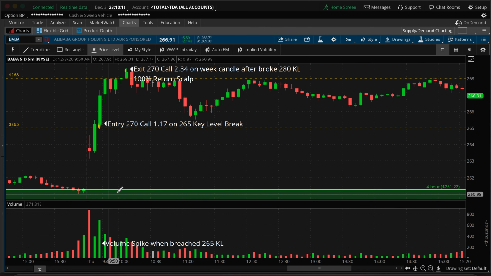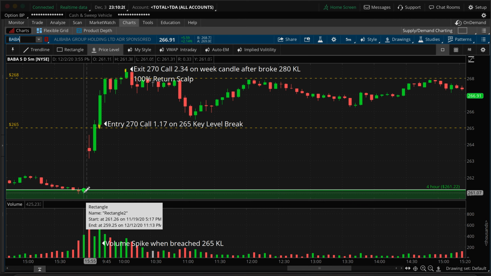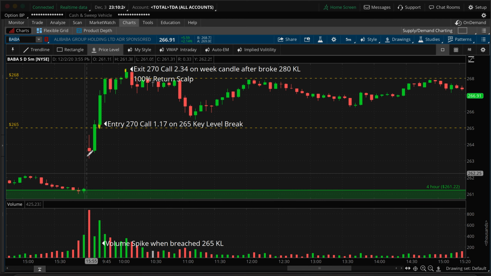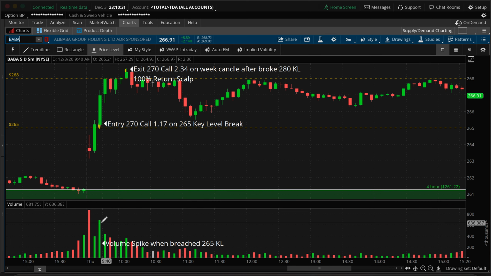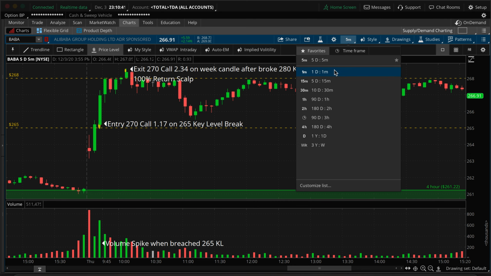So we have a 4-hour demand down here, which we hit at the end of the close on Wednesday, and then we gapped up on Friday, or today, Thursday. And then we had this big rally here, and then once we got above this zone, you can see volume spike. I'll go into a smaller time frame just so you can see.